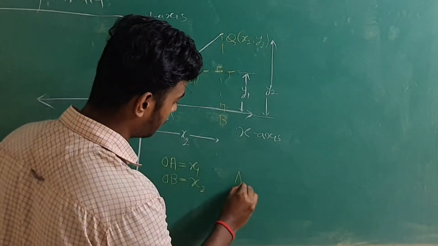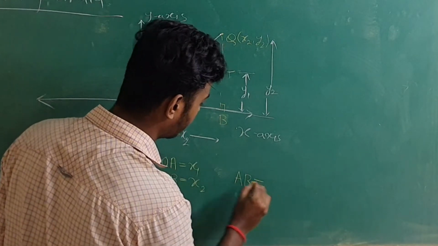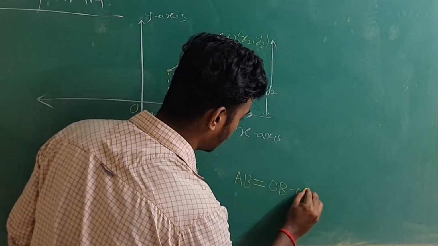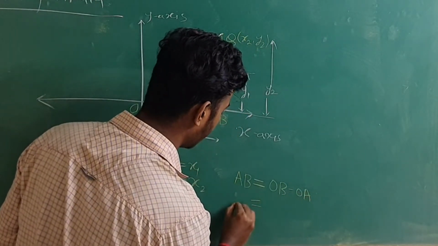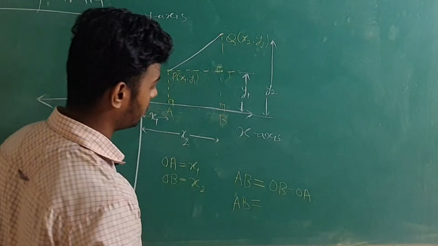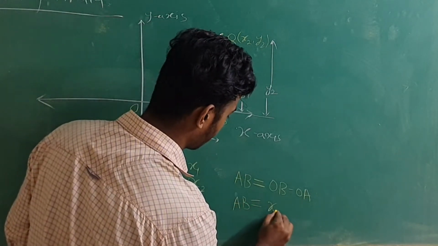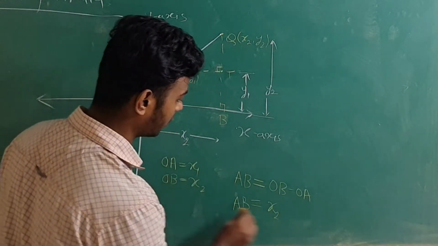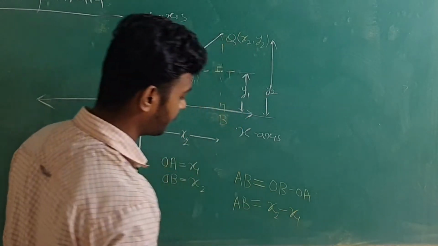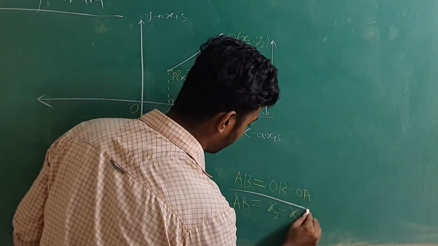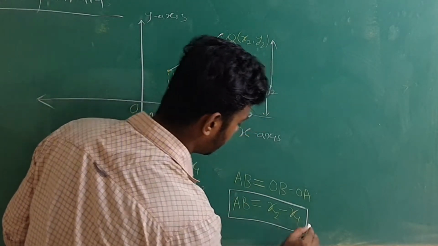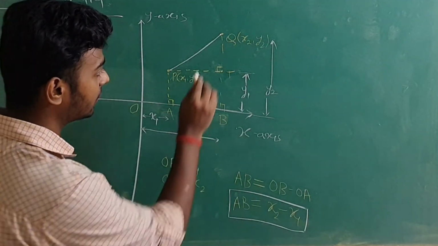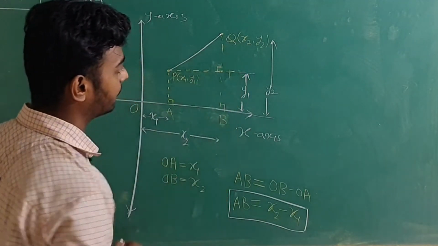AB is OB minus OA, so AB is x2 minus x1. Similarly, we have to find QT.